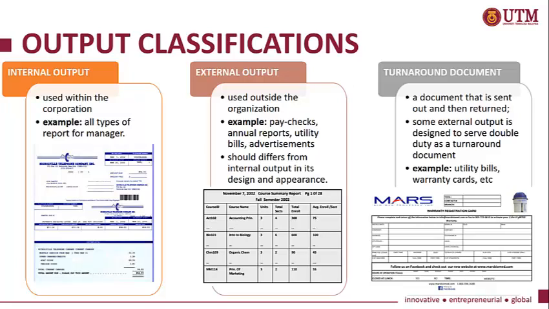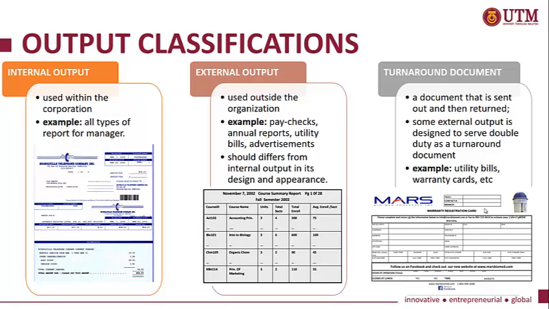So external output we consider as output going outside the organization. Examples of external output can be paycheck, annual report, utility bill, and advertisement.